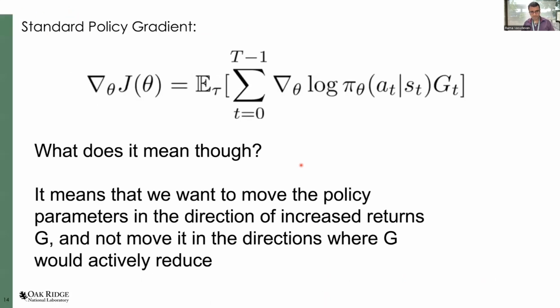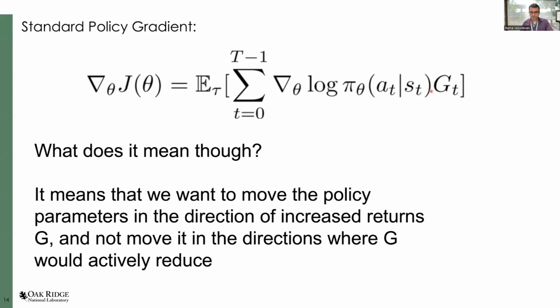So going back, if you write this down, the gradient of the objective function with respect to the policy parameters is this expectation here, which we just mentioned. What does it actually mean? It means that we want to move the policy parameters theta in the direction of increasing returns.